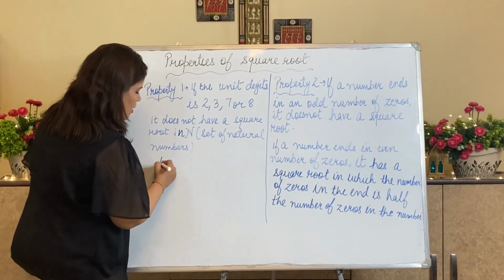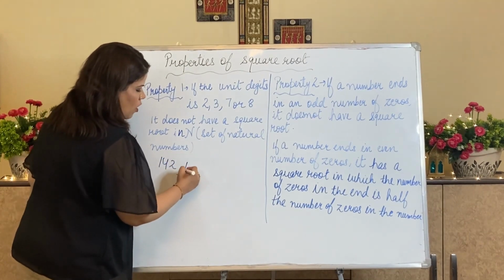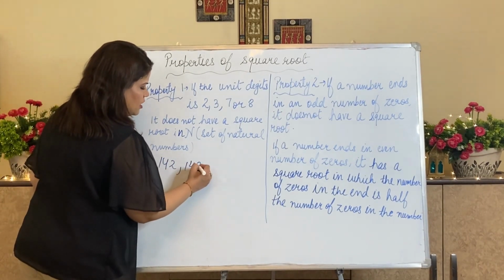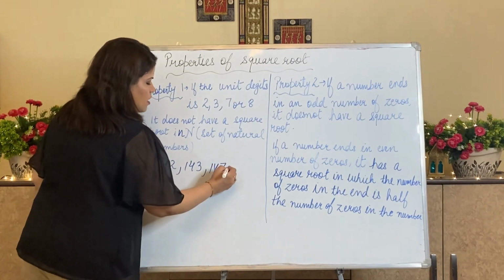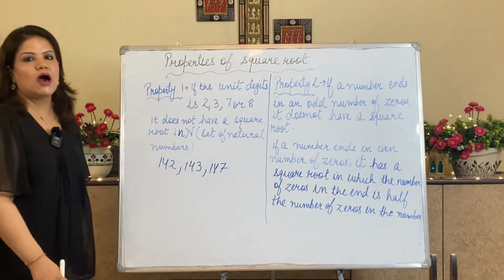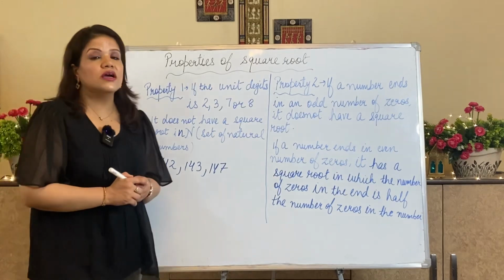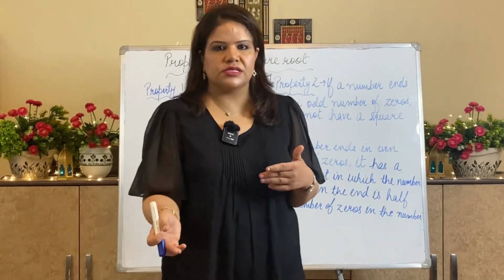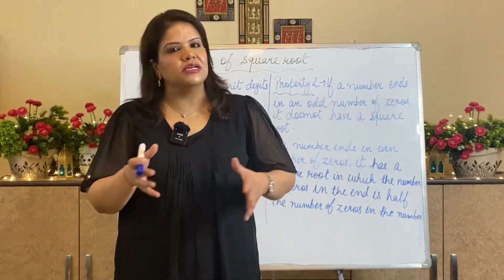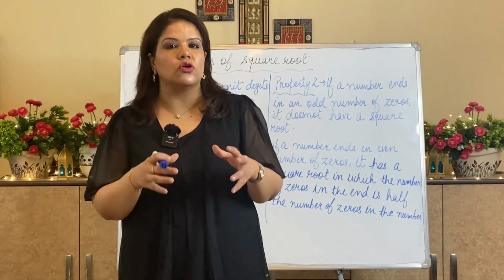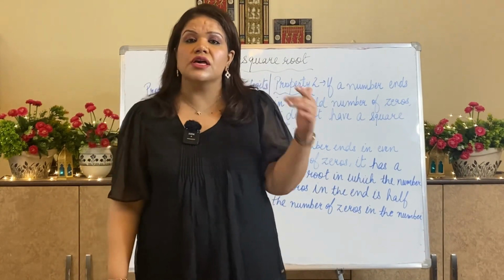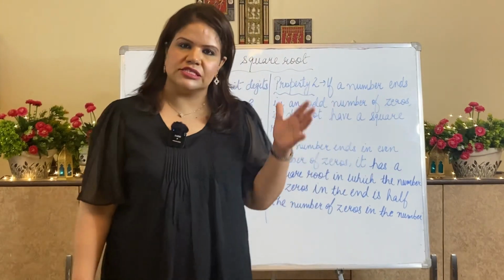If I have any number ending in 2, or suppose 3, I take 7, none of these numbers are perfect squares. So if they are not perfect squares, finding square root is again a problem in the set of natural numbers. Their square root we can find only in decimal form.